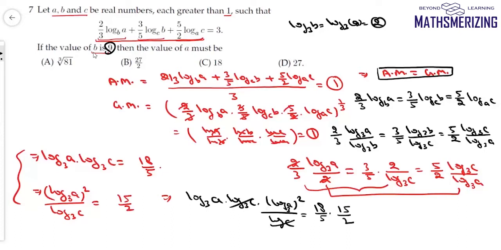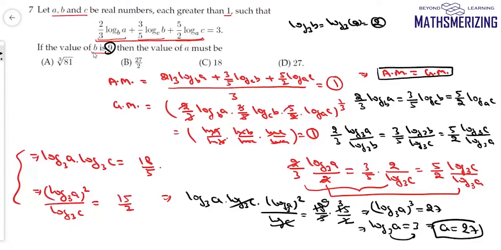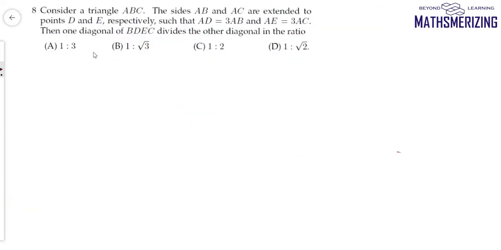Here log c will cancel, so I'll get log a base 3 whole cube, and this is equal to, so this is 9 and this is 3, so it'll be 27. So from here I'll write log a base 3 is equal to 3. So if I take anti-log, then I can simply write the value of a is simply 27, and that's your option number D.